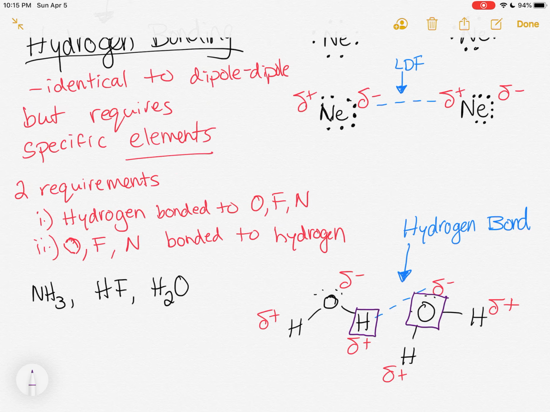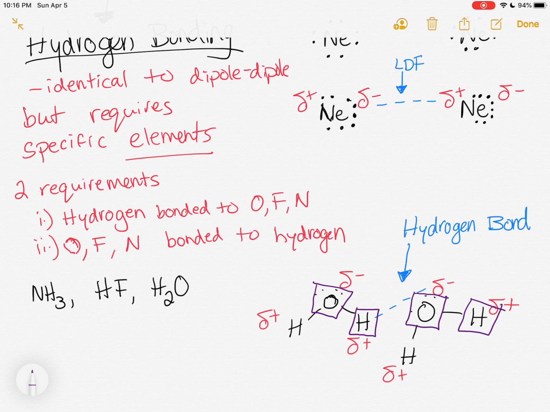But then that hydrogen needs to also be bonded to either an oxygen, a fluorine, or a nitrogen. And that oxygen needs to be bonded to a hydrogen. So those four things have to be true in order for this to be a hydrogen bond. And again, that hydrogen bond is that blue line showing that attraction between a partially positive hydrogen and a partially negative oxygen. That's our hydrogen bond.